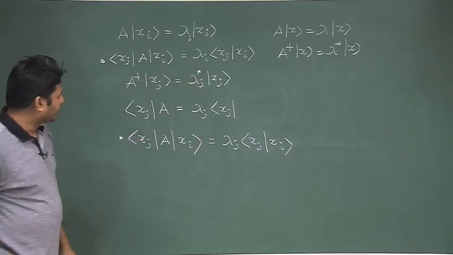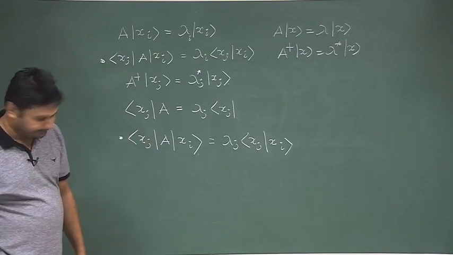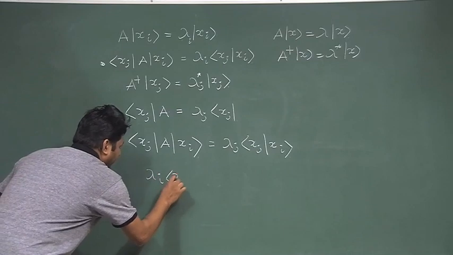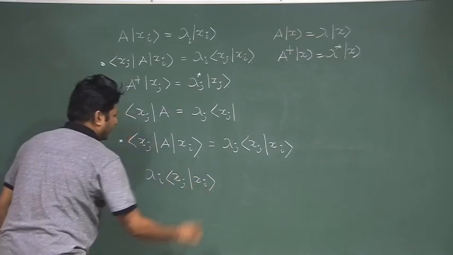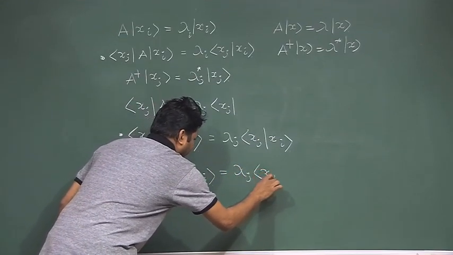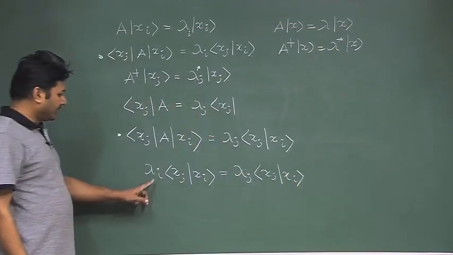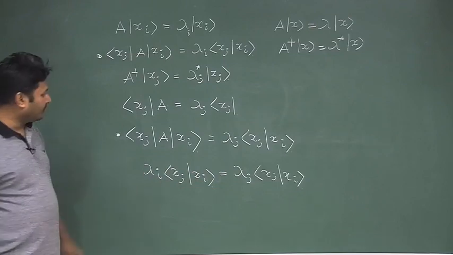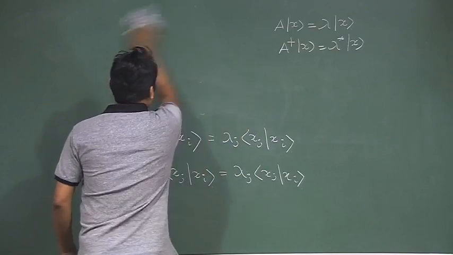If I make the right hand side equal, then let me write it here, then I have x_i^† x_j x_i is equal to lambda_j x_j x_i. This equation I have. From this equation I can readily find my desired result.